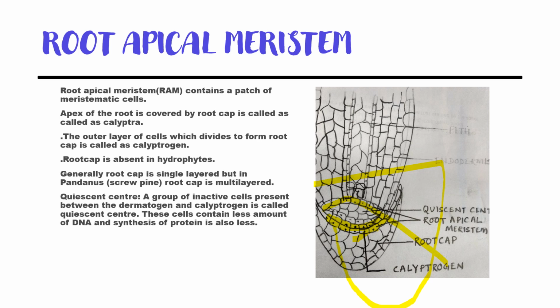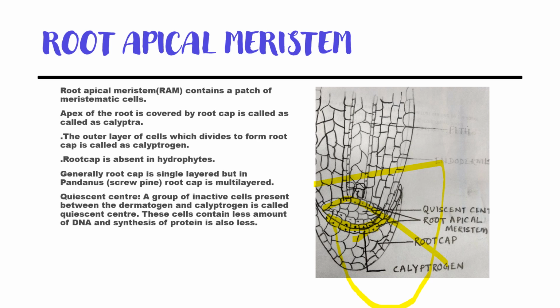Root cap is otherwise called calyptra. The cells here which give rise to the calyptra are called calyptrogen, and these cells divide and increase the growth of the root.